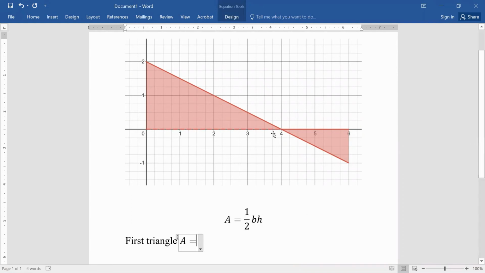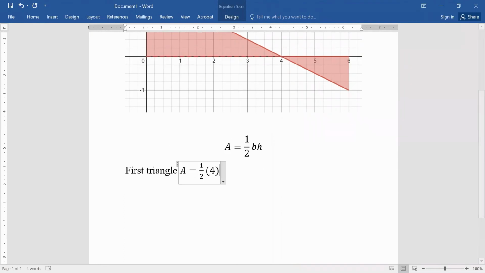In the leftmost triangle, the base is 4 units and the height is 2 units. That means I take 1/2 times 4 times 2. When you calculate that, the area of the first triangle is 4 units. And again, by first, I mean the leftmost triangle.